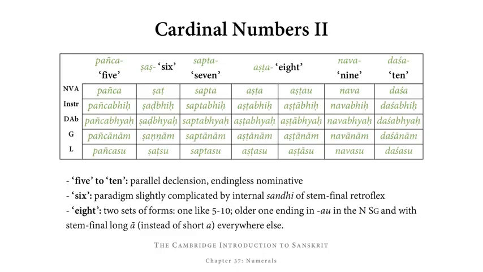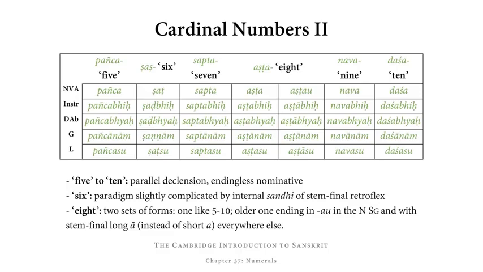Then in front of a voiced stop, this sh changes into d, so we get shadbhih and shadbhyah. In front of the nasal n, the sh also appears as a nasal, so we get shannam. Notice that both of the n's are retroflex, so shannam. And then finally, in front of an unvoiced consonant, namely in front of su, the sh appears as the unvoiced consonant t, so we get shatsu.